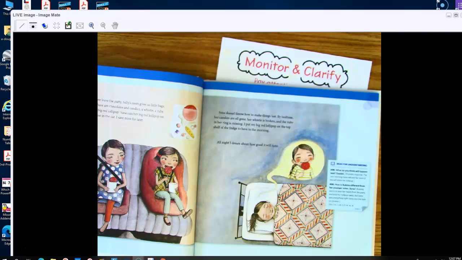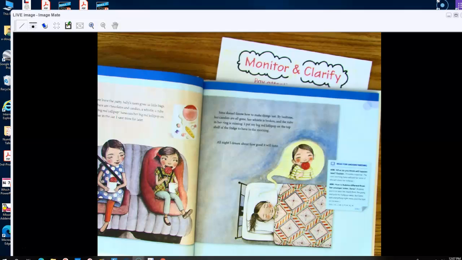What do you think is going to happen next? What's going to happen next, Wyatt? He thinks her little sister's going to eat it. So how is Rubina different from her younger sister, Sana? How is she different here in the story? One's older, one's younger, but how are they different in the way they act, Isaiah?